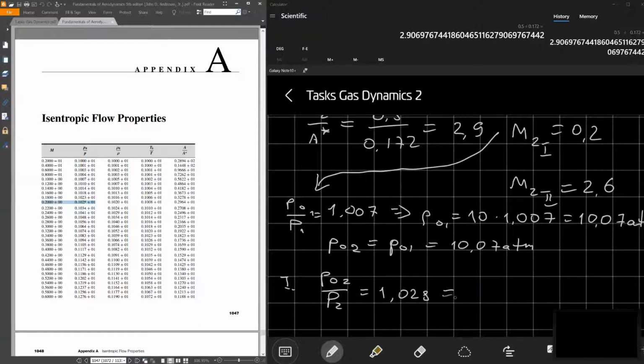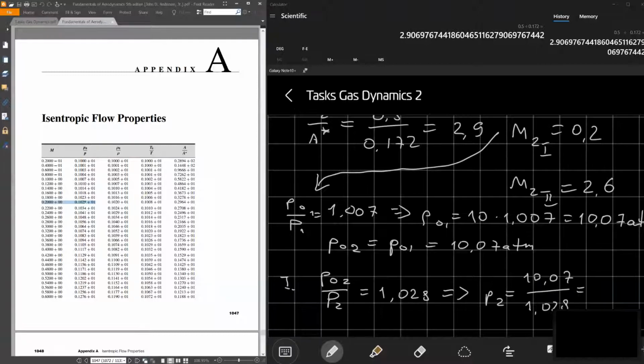And from here I find that my P2 would be equal to P02 divided by this coefficient. 10.07 divided by 1.028.